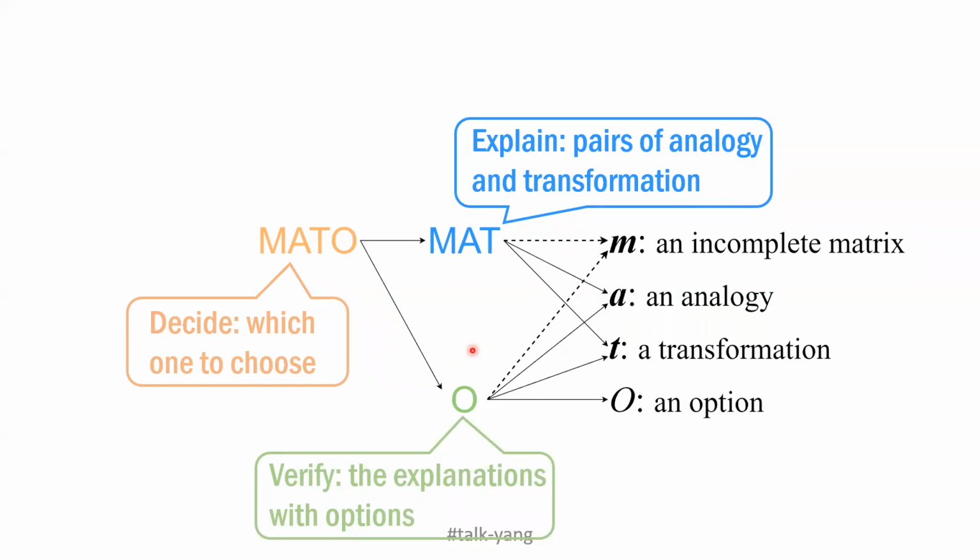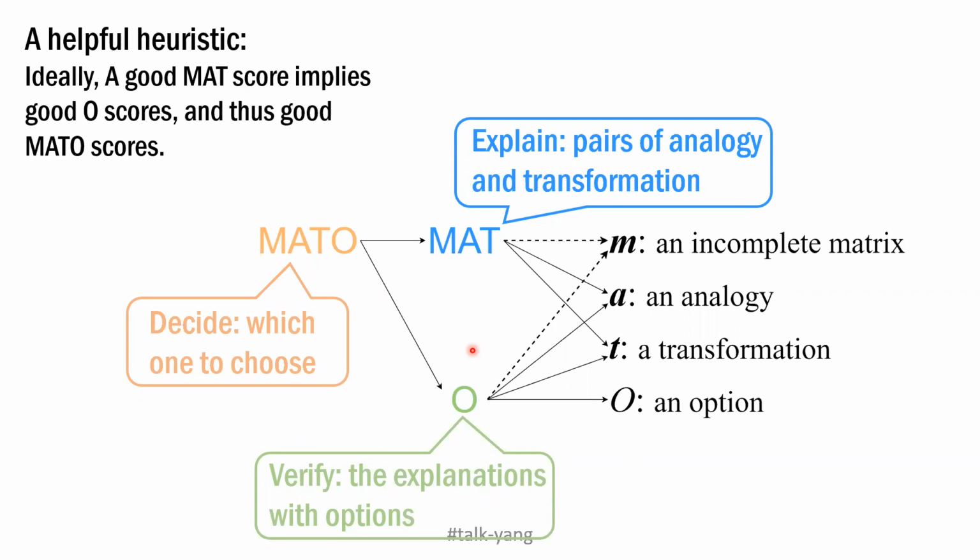So given this functional dependency of scores and being inspired by some of our own introspective observation about how we humans solve the problems, we have a very useful heuristic, which is ideally a good MAT score implies good O scores, and that's good MATO scores.